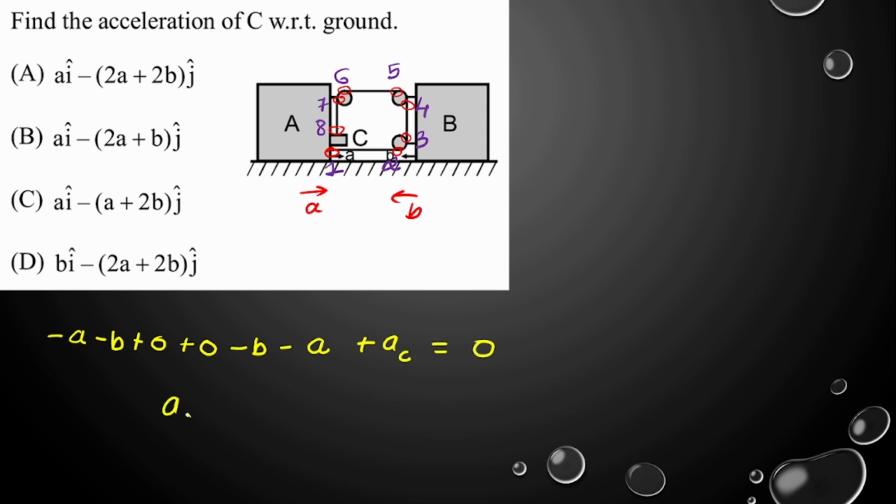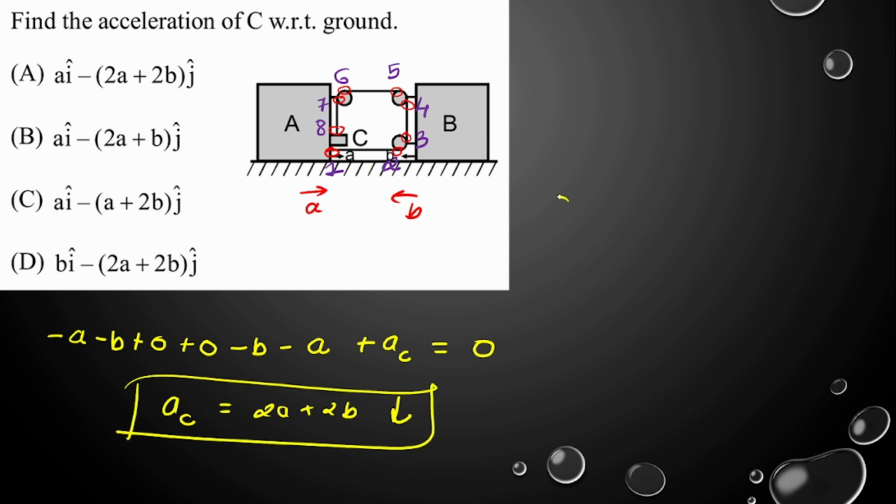So here we have ac equals 2a plus 2b in downward direction. Okay, so ac will be plus a i cap minus 2a plus 2b j cap.